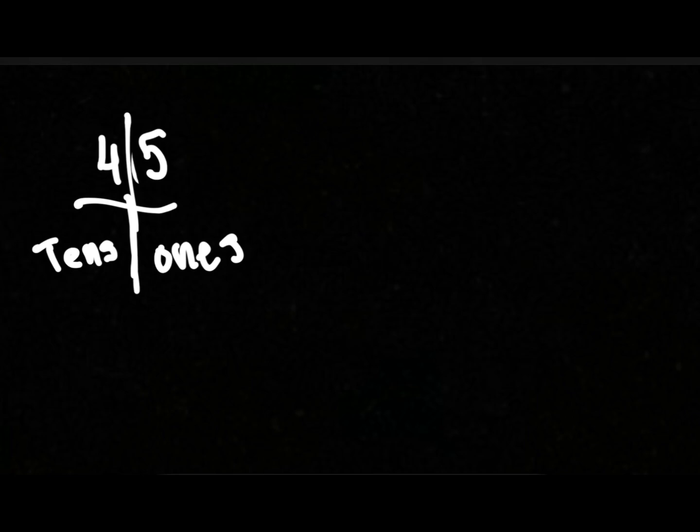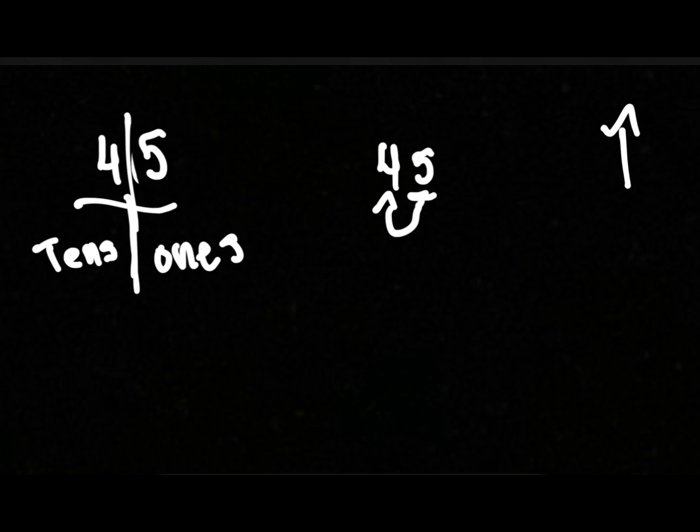So now we look. We see that 5 is 5 or up, so we're going to be rounding up. So we go back to 4. Here a lot of people get confused because they think, oh, I'm going to round down.